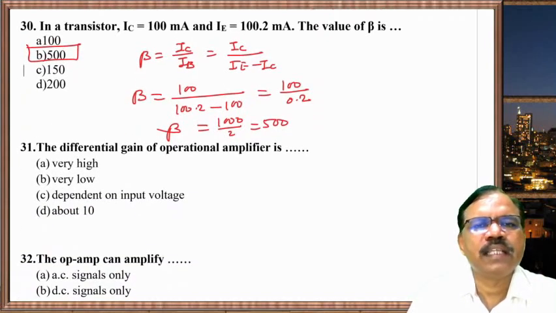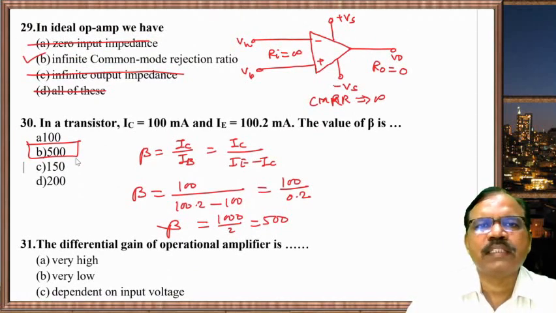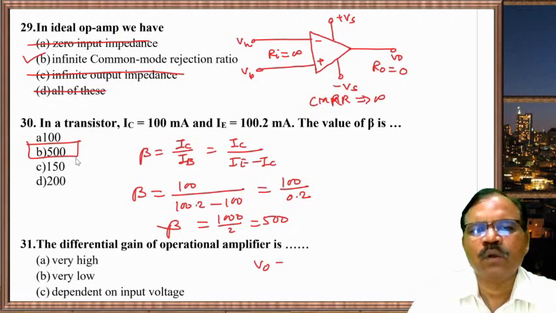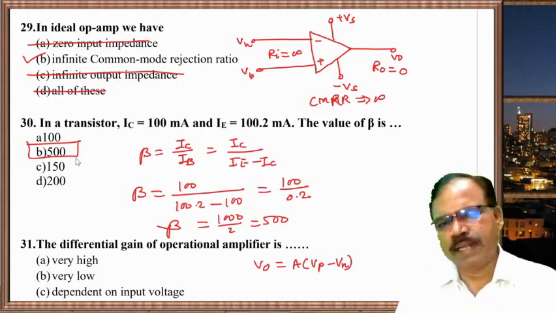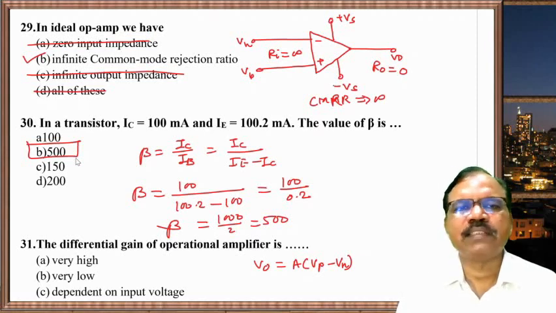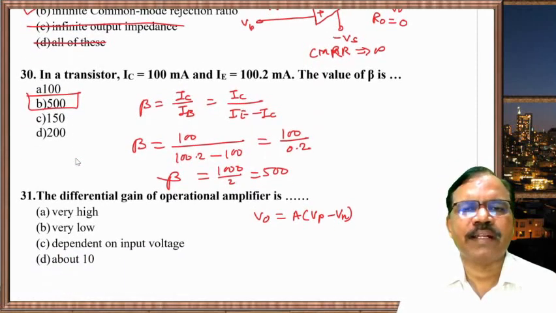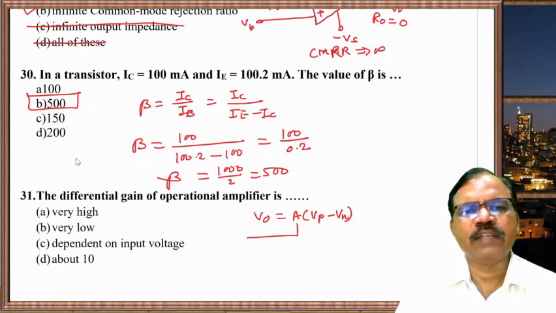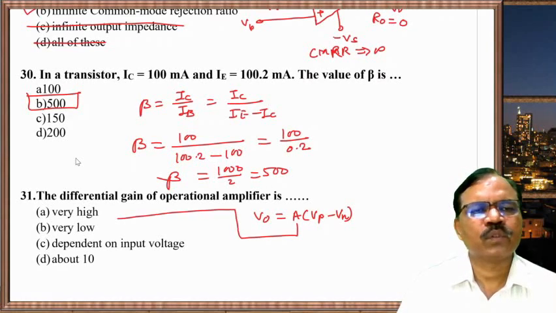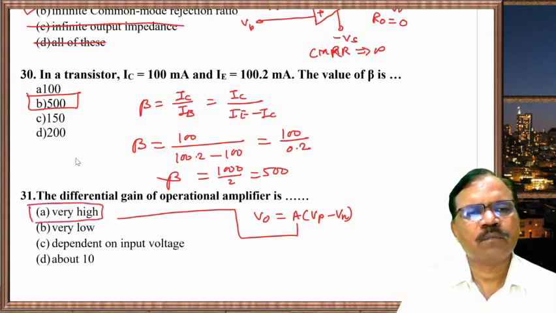Now the differential gain of operational amplifier is, now here we have seen operational amplifier. What is output of operational amplifier? V0 is equal to A times Vp minus Vn. So in operational amplifier, difference in inputs is amplified. So difference will be small, so gain here is very large to get more output.